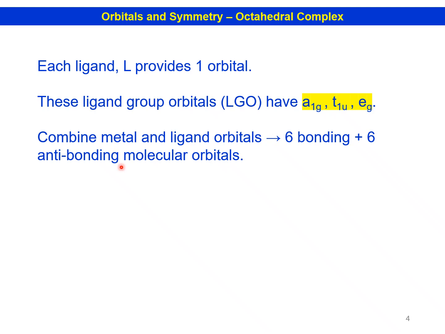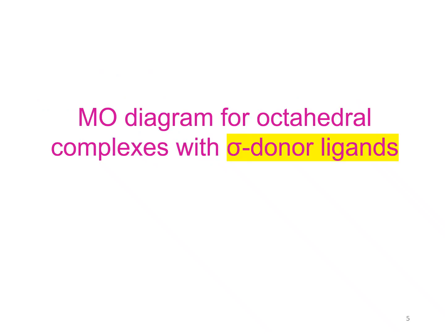When there's overlapping of metal and ligand orbitals, this will create 6 bonding molecular orbitals and 6 anti-bonding molecular orbitals. Let's look at the molecular orbital diagram for an octahedral complex with sigma donor ligands.